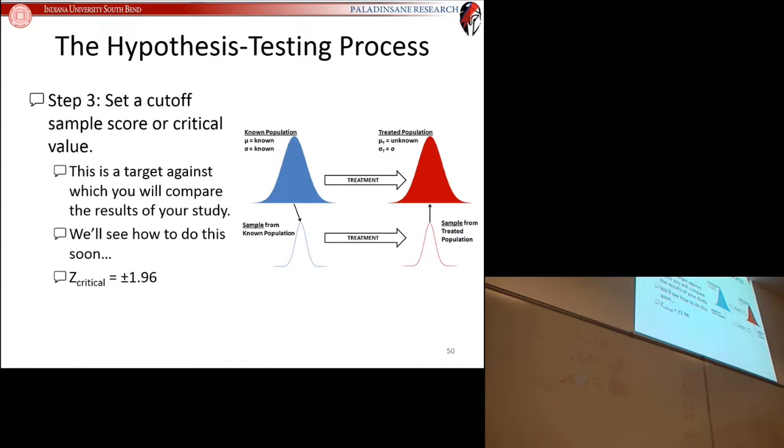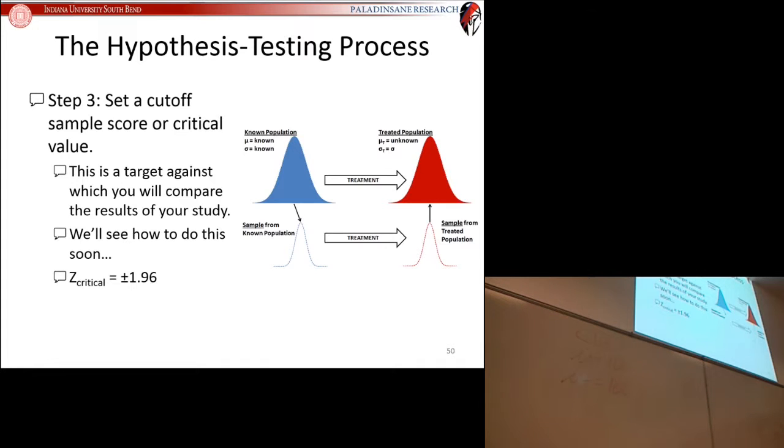And it is a critical z-score of plus or minus 1.96. So what we see here is that we're dealing with z-scores. The reason is because we need a table for our comparison distribution, a table that we can use to look up.